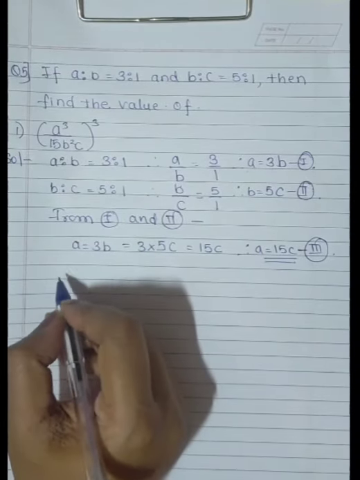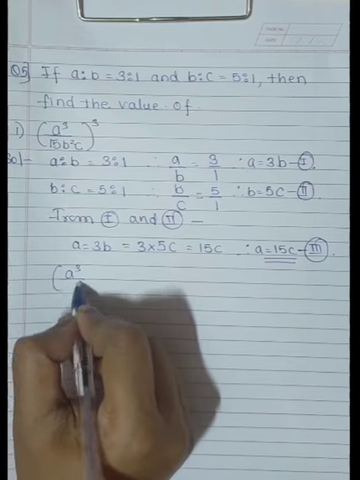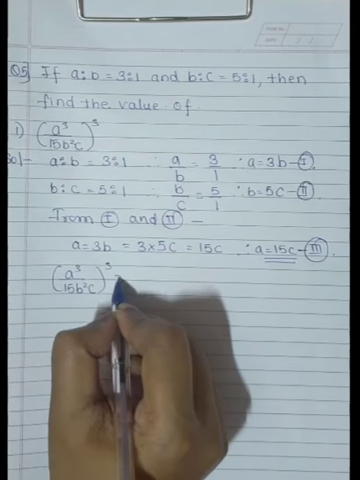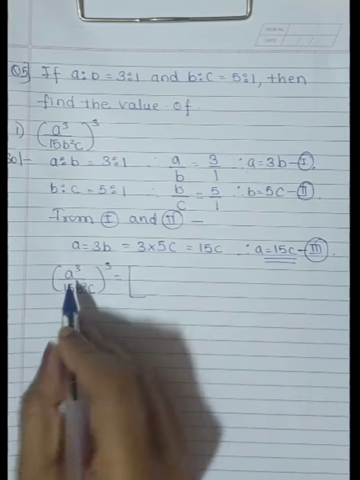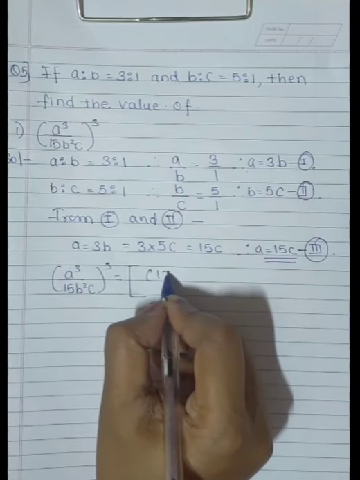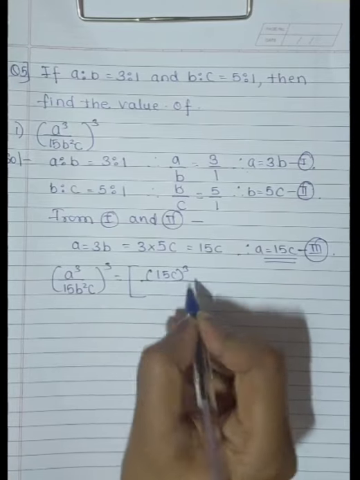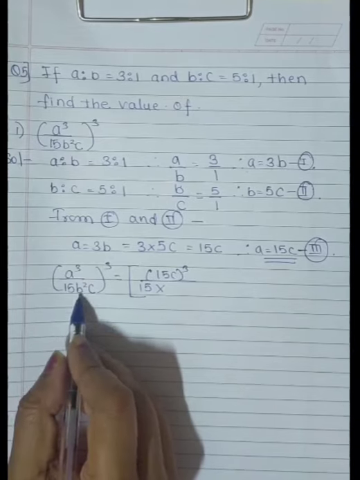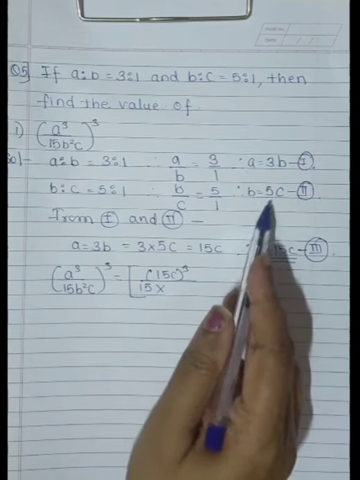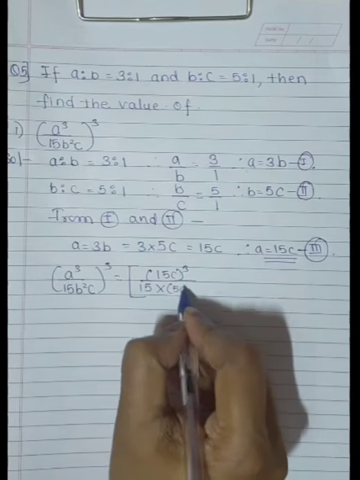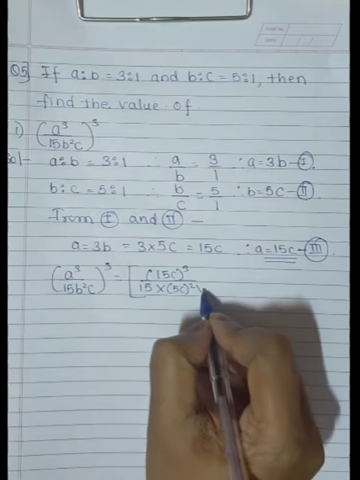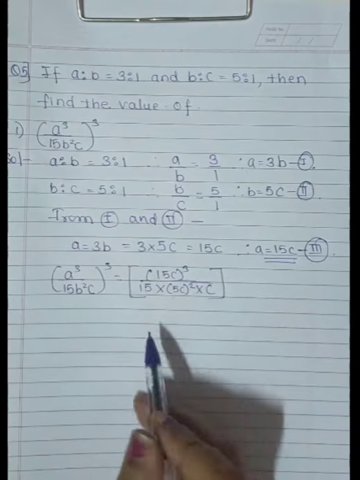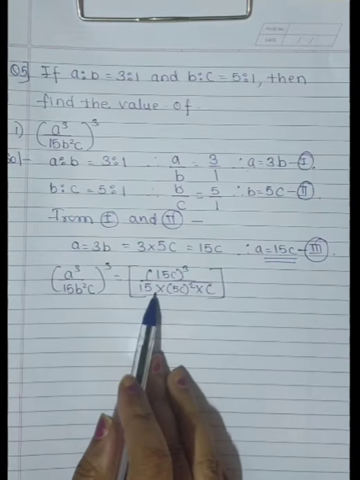So I am writing the equation: a cube upon 15b square c, the whole cube is equal to, what is given? A cube is given. So a cube is what? 15c cube upon 15 multiplied by b square, b square is what? 5c square, multiplied by c.